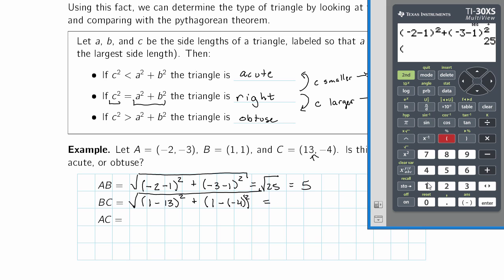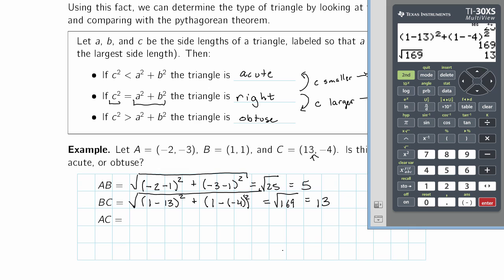So 1 minus 13 squared plus 1 minus -4 squared is 169, and then the square root of 169 is 13.